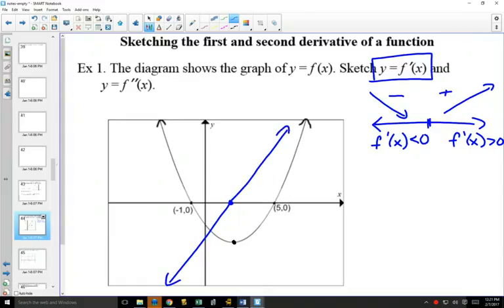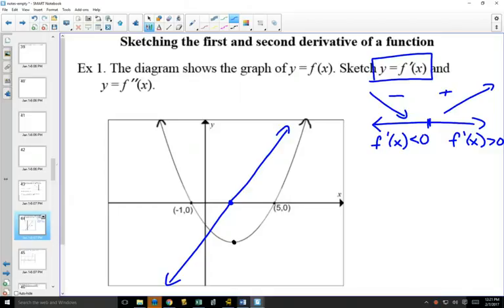Now that's a general sketch. My slope of my line might be steeper or flatter. It might have more or less slope, but I'm just using the idea that my derivative has to be negative before that, so that means below the x-axis, and positive after, that's going to be above the x-axis.